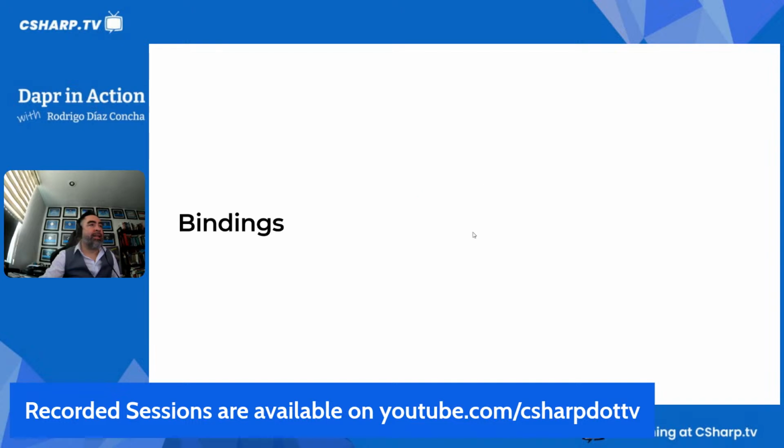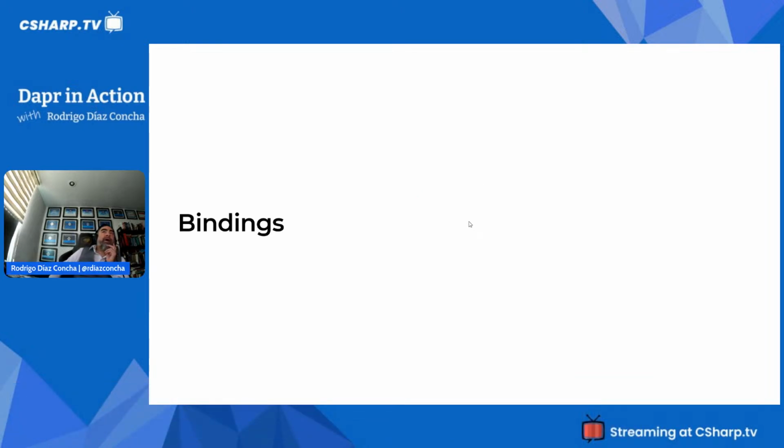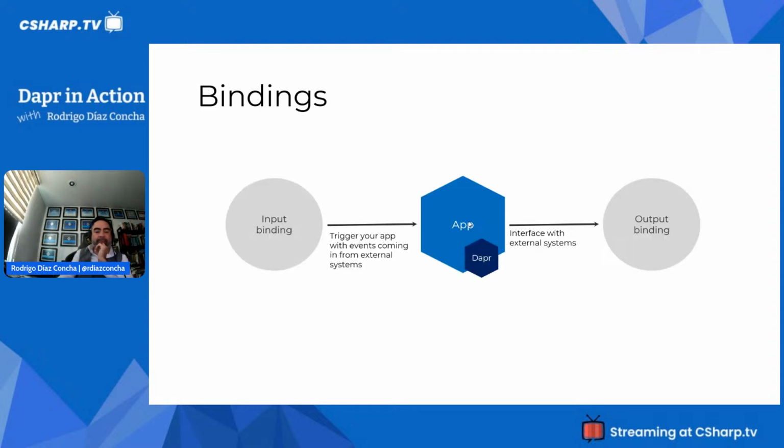Cool. Now, bindings. If you are an Azure Functions developer, bindings can be quite familiar to you, since bindings are objects that allow you to trigger your application with some data and communicate to other components or external applications with that particular data or some other data, right?